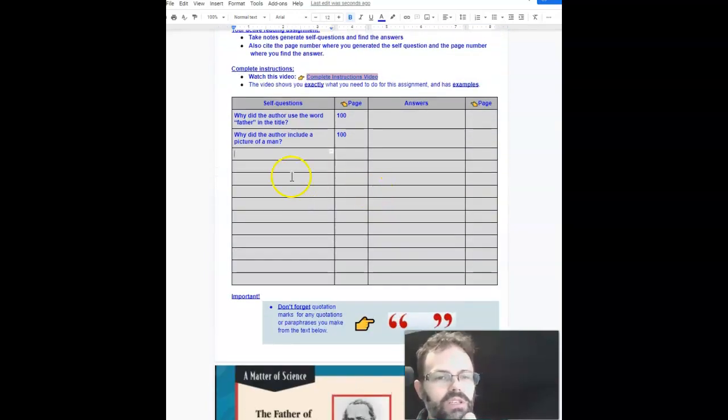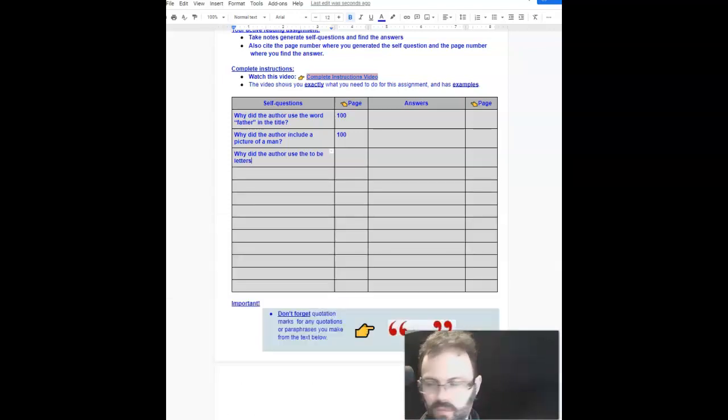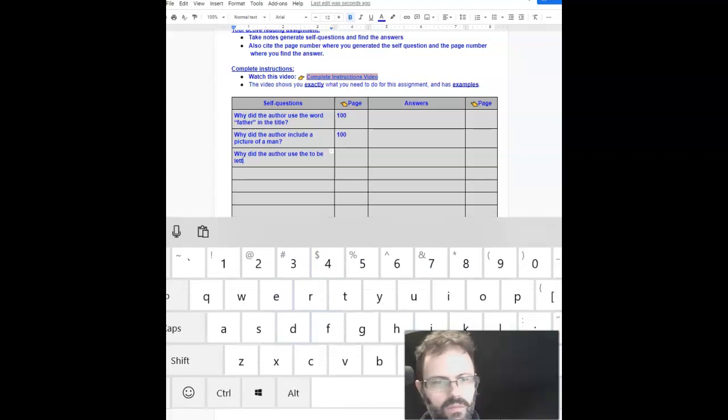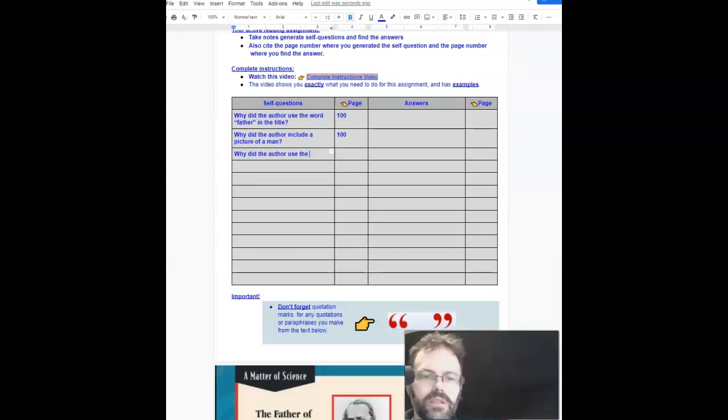How about this question? Why did the author use the letters A, C, G, T?